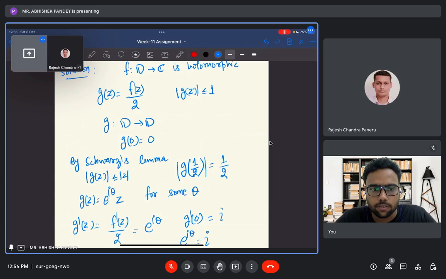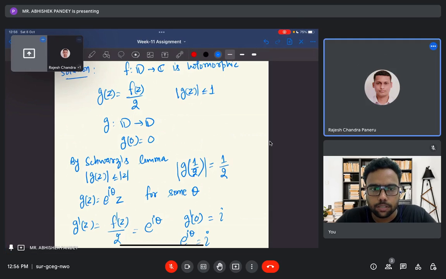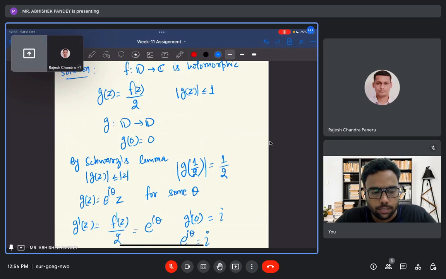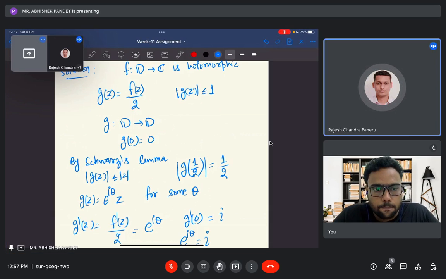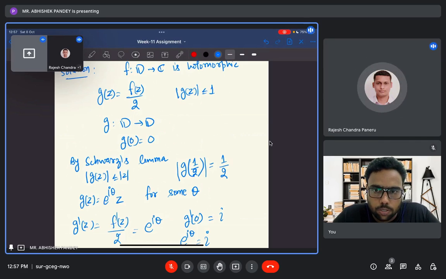An entire function does not have any singularity. Removable singularity means that if a function has a removable singularity, its Laurent series expression does not contain negative powers, so it will have coefficients only in the power series terms.